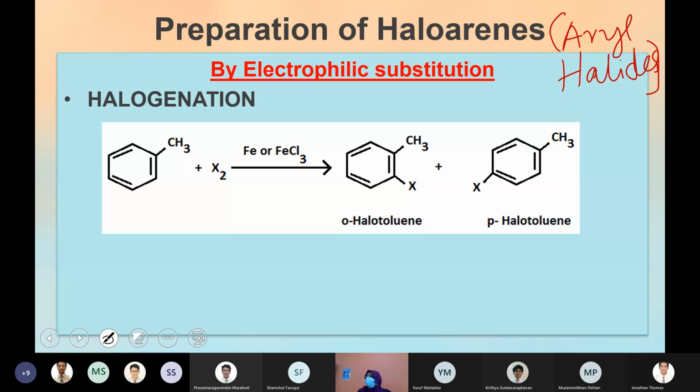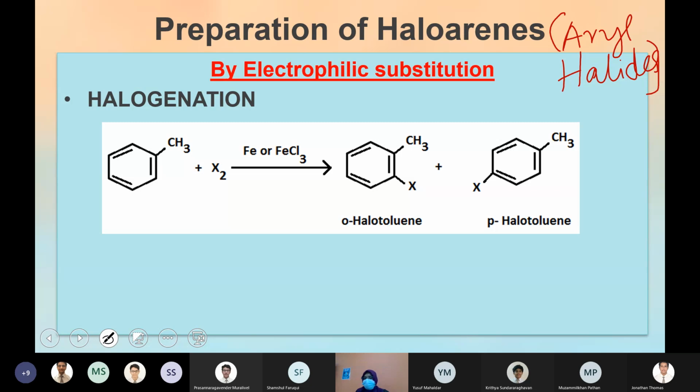So we did discuss the preparation method for haloalkanes, basically from alcohol, hydrocarbon and halogen exchange method, and in that we explained different reagents. Finkelstein reaction and Swarts reaction, those were the 2 named reactions we discussed. Now we are moving to the preparation of haloarenes.